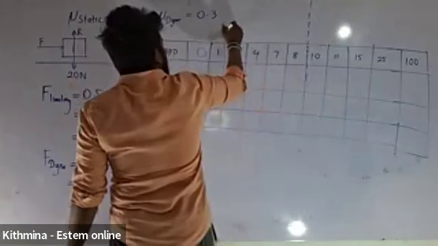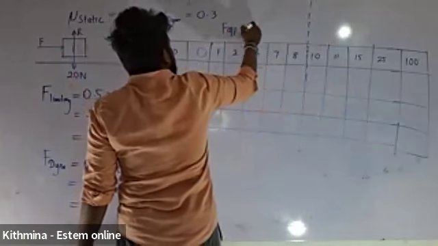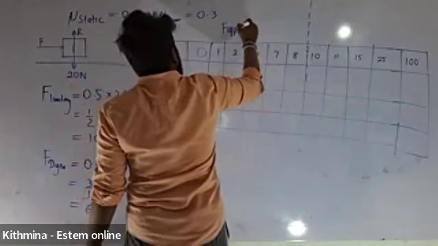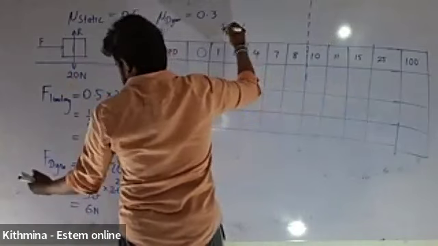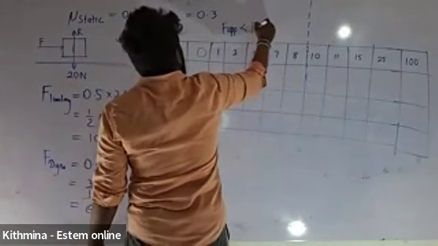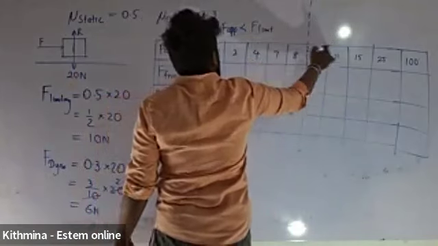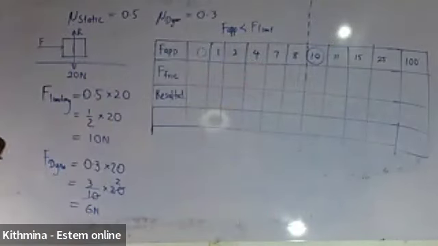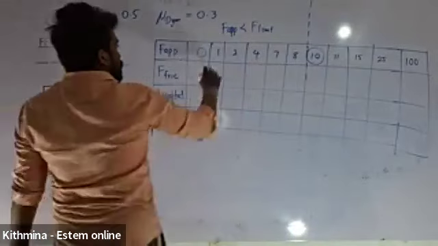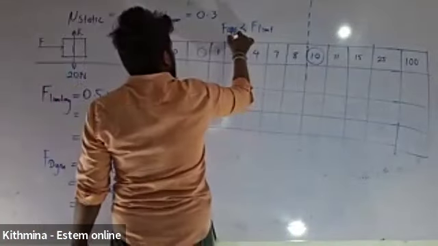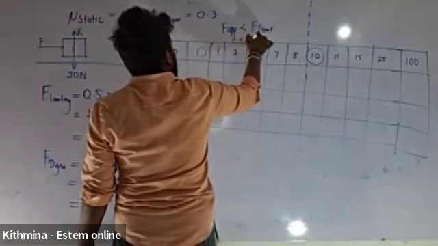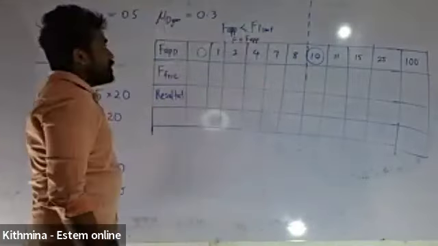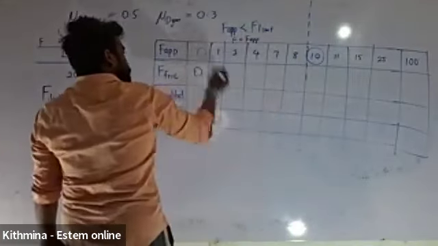Now, in this area the applied force is less than the limiting friction force, because the limiting friction force is 10. In this area, friction force equals applied force. If we apply 0, friction is 0.